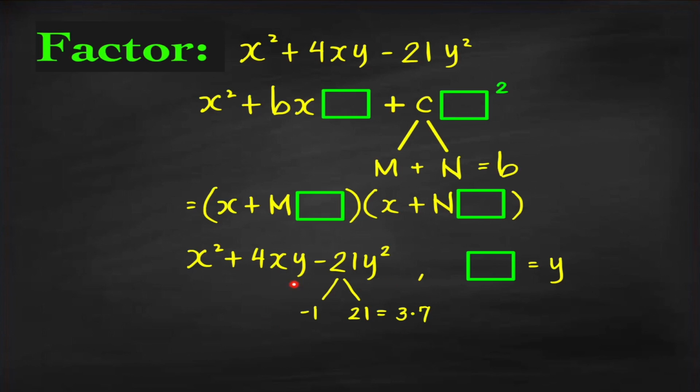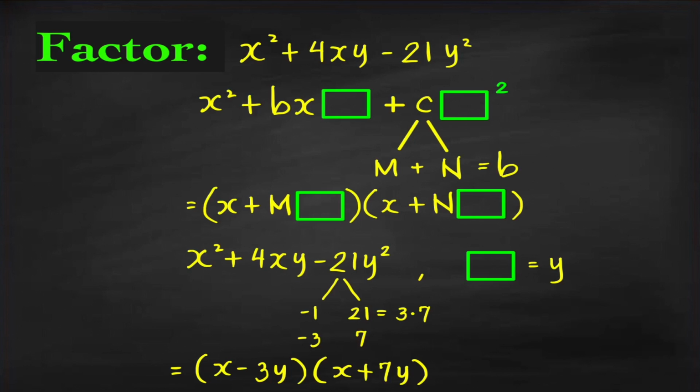So we do similar steps. Obvious factors of 21 are 1 and 21. It's negative, so one of them is negative. And since the sum is positive, the larger number must be positive. 21 can be factored into 3 times 7, and the sum is not yet equal to 4, so we pull out factor 3 here, multiply to negative 1, that is negative 3 times 7, and their sum is already equal to 4.